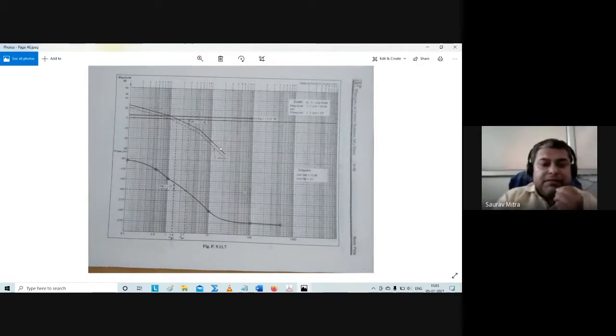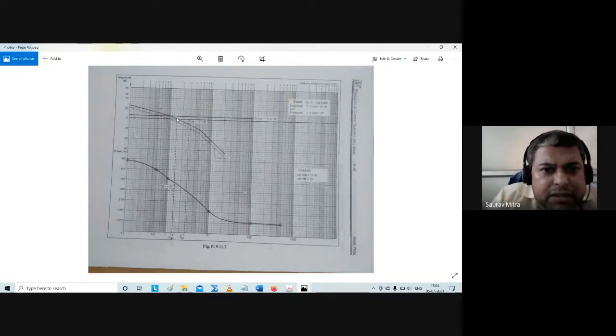Now from there, a few things you have to find out, but before that, first find out the gain crossover frequency. You are finding that the gain crossover frequency is coming somewhere here. And how much is this frequency? This frequency is 1, this frequency is 2. So between 1 and 2, this is 1.1, 1.2, 1.3, so around 1.5 or so.